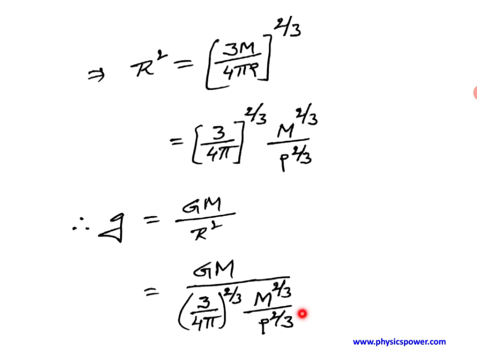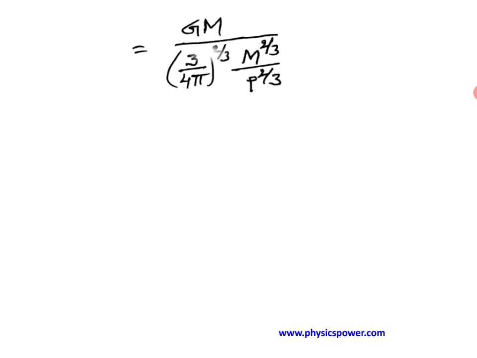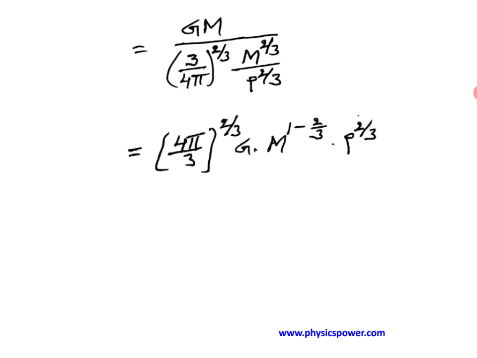So this denominator will go to the numerator. If you do that, with the same expression, the denominator rho power 2 by 3 shifts to the numerator, and here m power 1 is there. Under the denominator m power 2 by 3, if you shift it to the numerator, it will be m power minus 2 by 3.